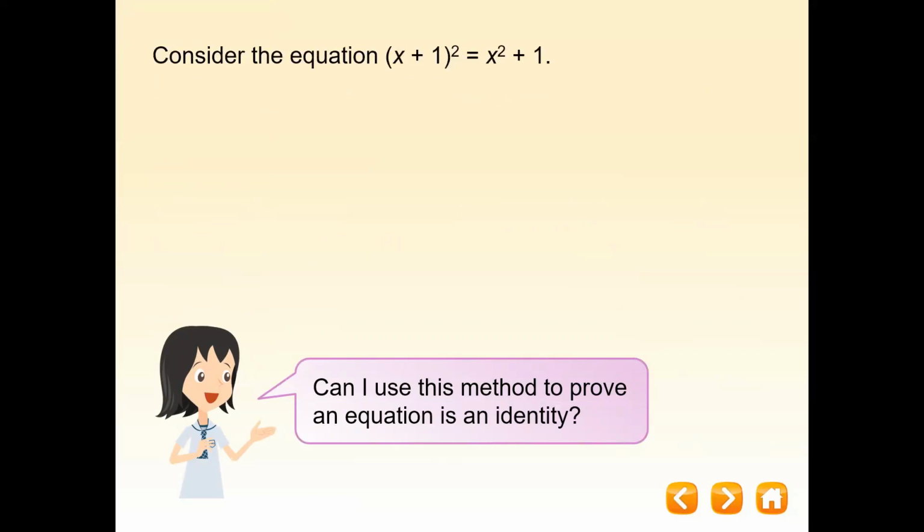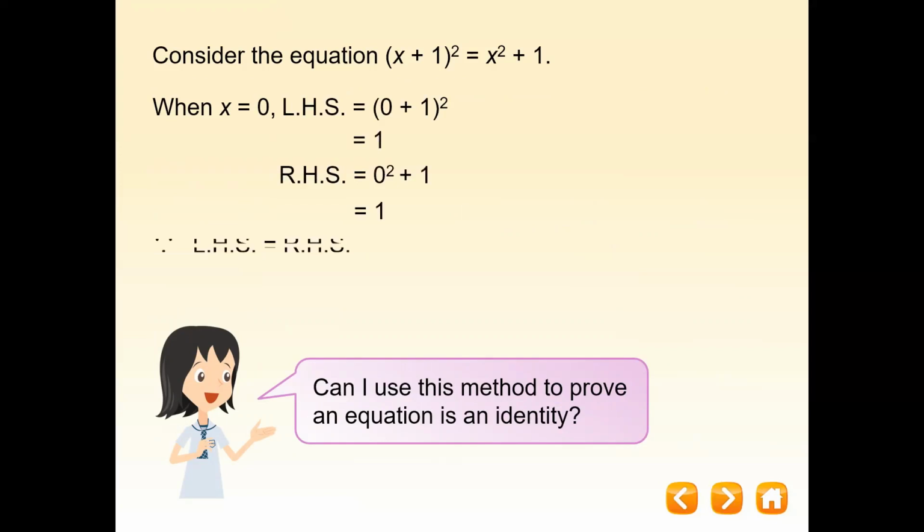Consider the equation (x + 1) all squared equals x squared + 1. When x equals 0, left-hand side equals (0 + 1) all squared equals 1. Right-hand side equals 0 squared + 1 equals 1.